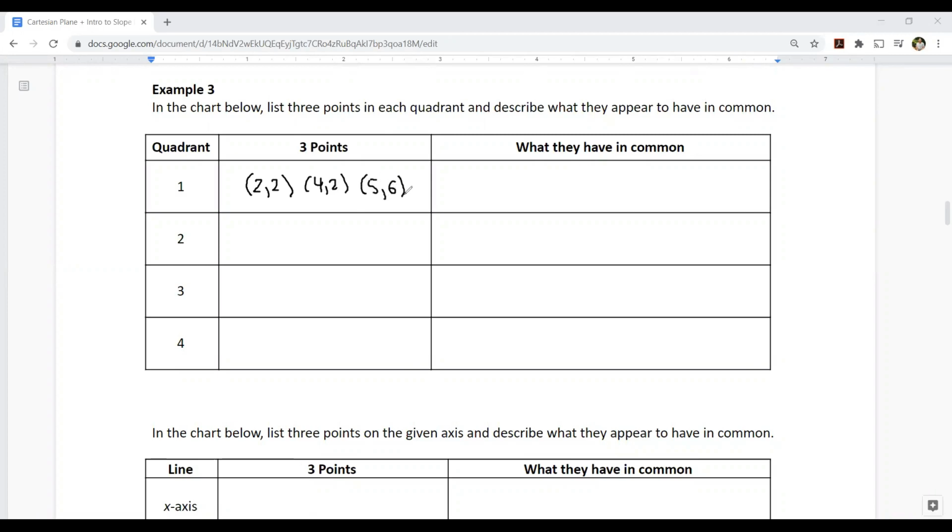There's an infinite amount of points you could put in quadrant 1. If you notice, they're all positive. So where it says what do they have in common, we're going to say that both x and y are positive.